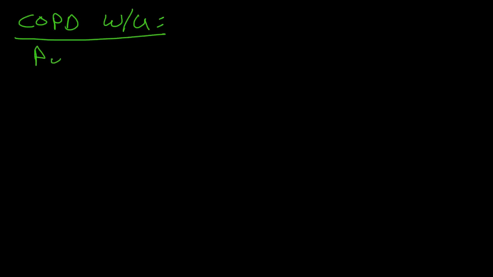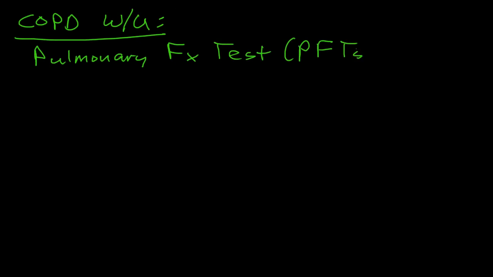Okay, so I wanted to talk a little bit about how we work up COPD and the pathophysiology behind that, the sort of pathophysiological theory behind this workup. So, COPD workup. In order to diagnose COPD, we need pulmonary function tests, otherwise known as PFTs.